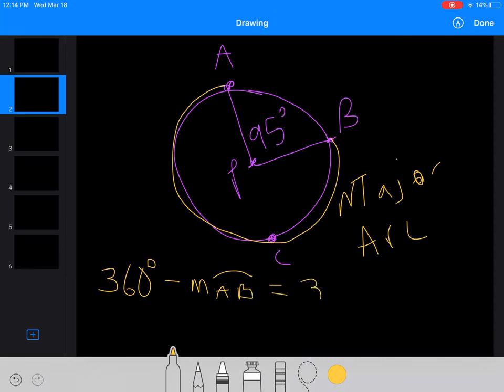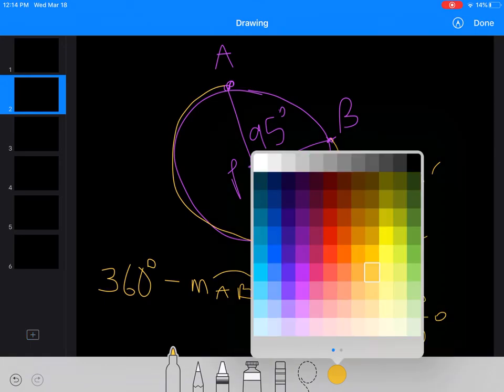And then, of course, that'll be 360 degrees minus 95. And we'll get 265 degrees. And that will be the measure of the major arc ACB.